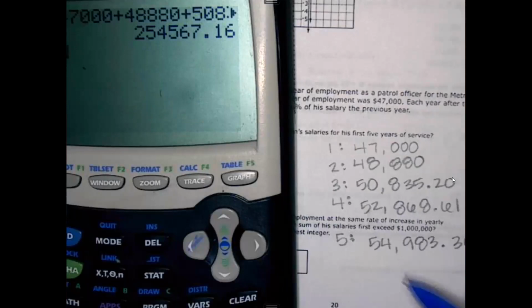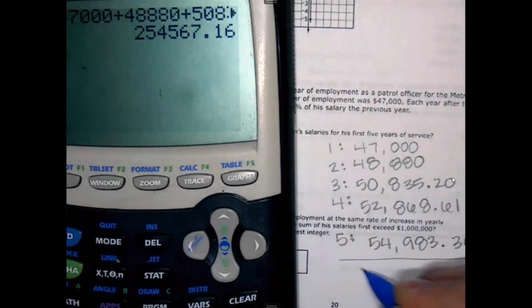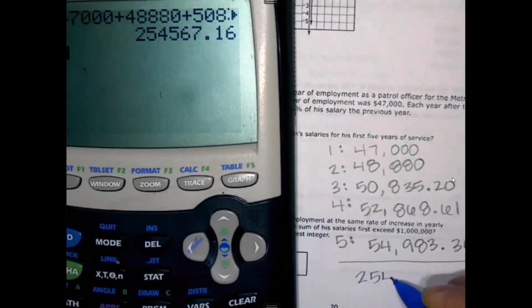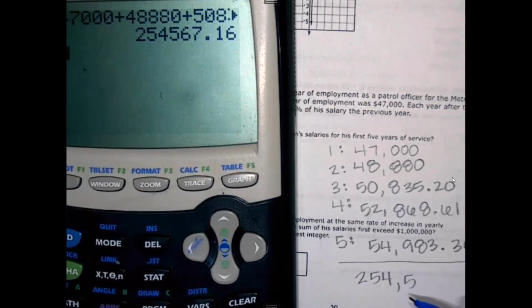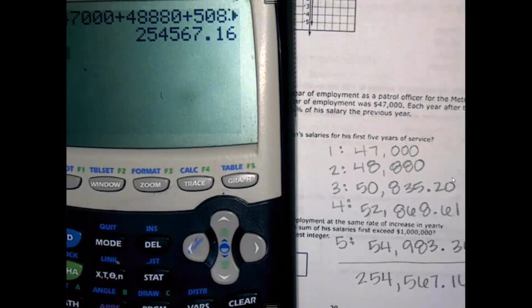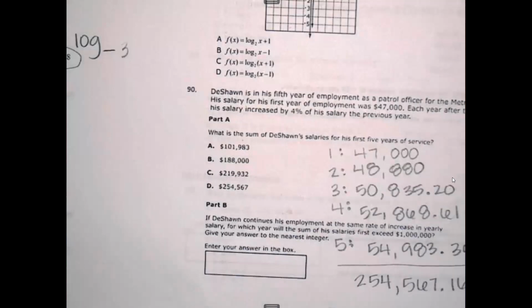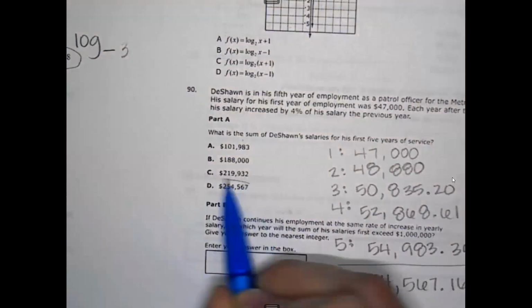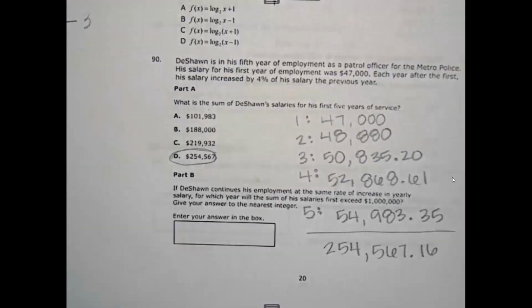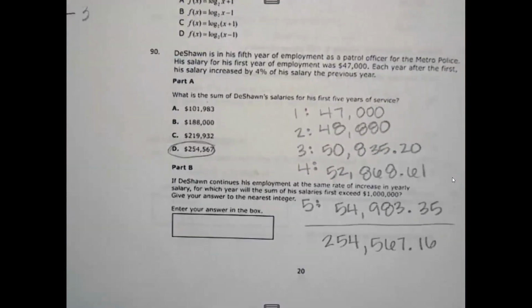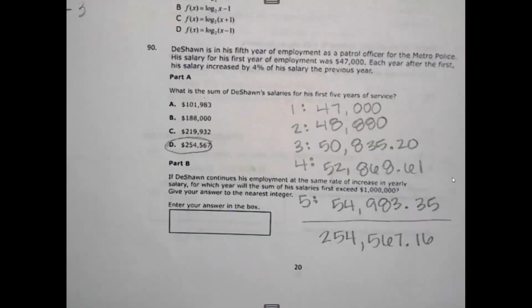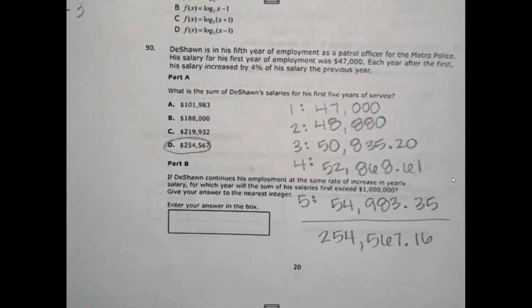So if we add those up, we get 254,567.16 approximately, somewhere in there. So D. There is a shorter way to do that problem with formulas, but we don't have to worry about that because we can do this problem in a tedious fashion. We've got plenty of time.